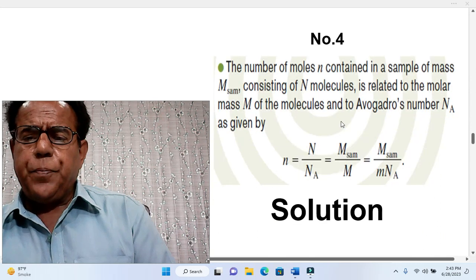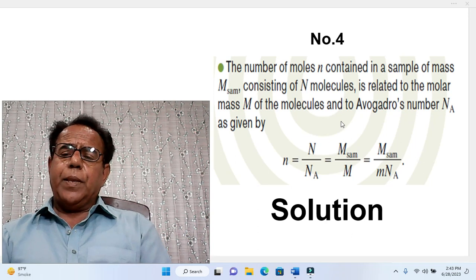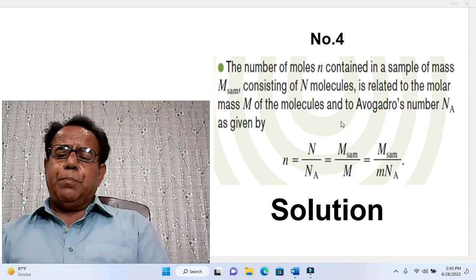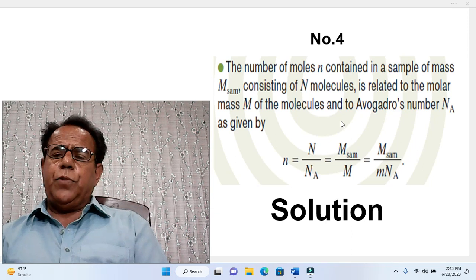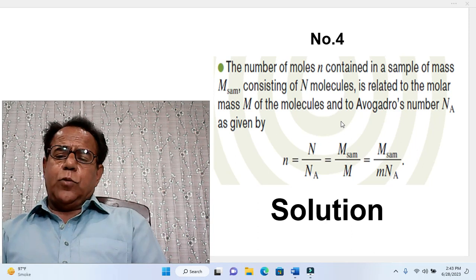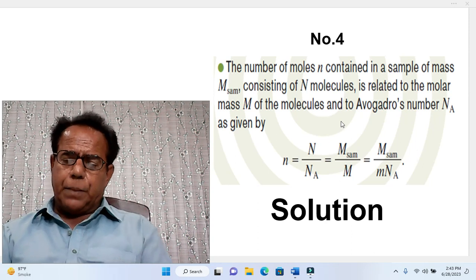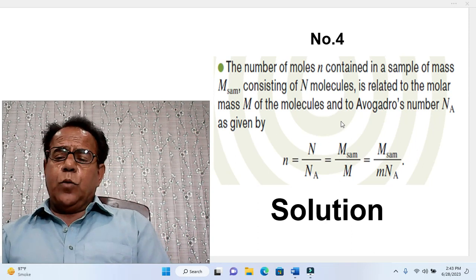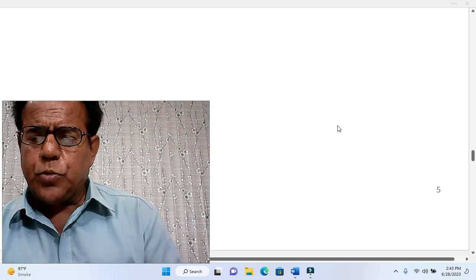Helping tool number 4: the number of moles n contained in a sample of mass M sample, consisting of N molecules, is related to the molar mass M and to Avogadro's number Na by n equals N over Na, equals M sample over M, equals M sample over m times Na. Now we come to its solution.